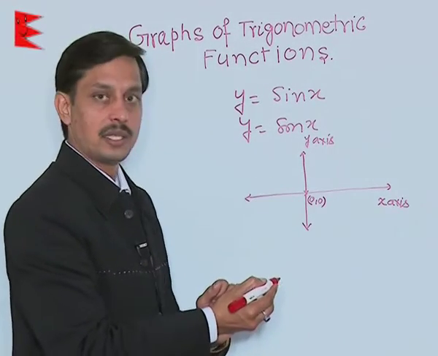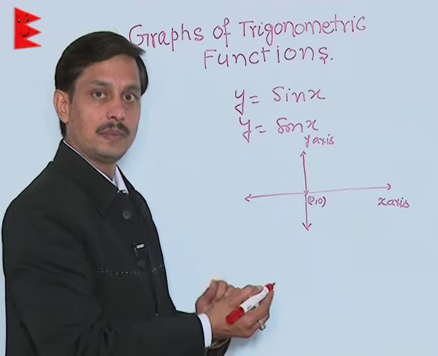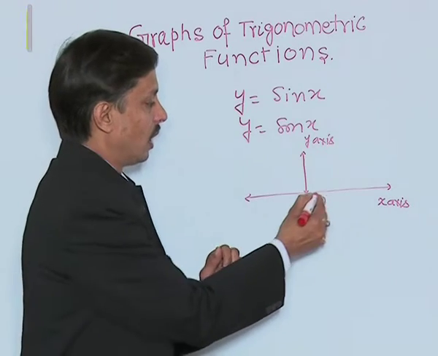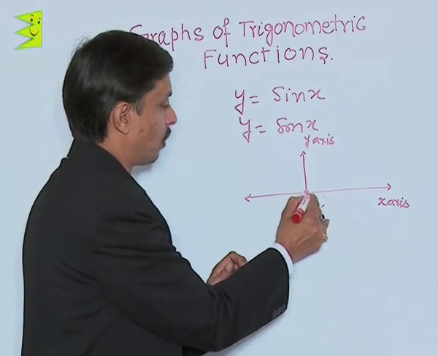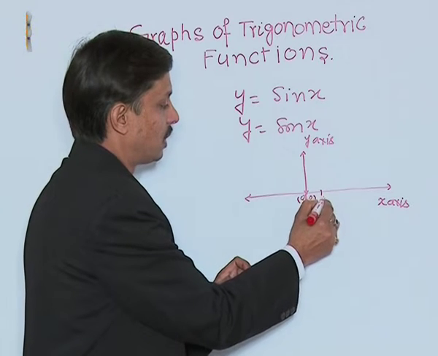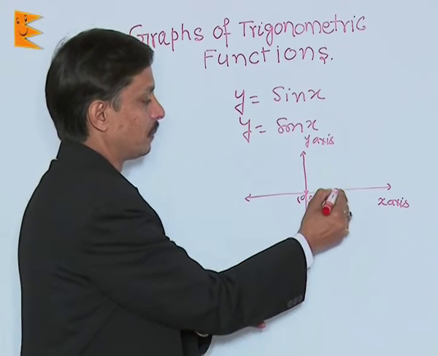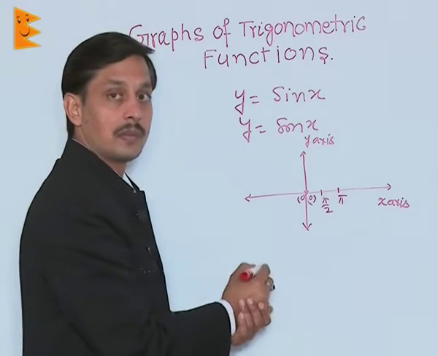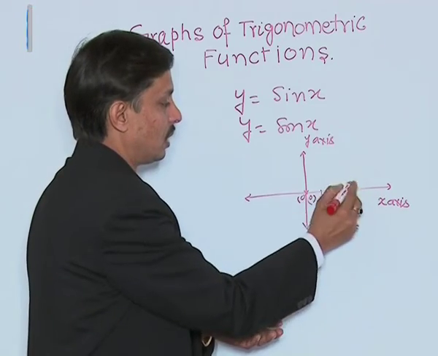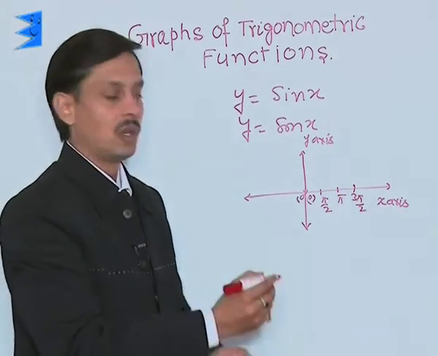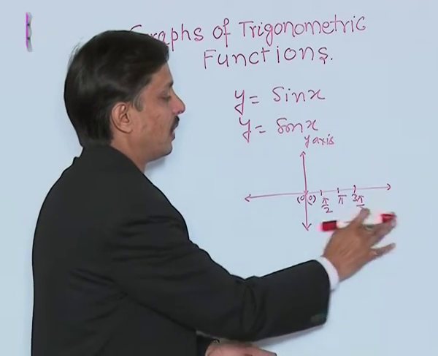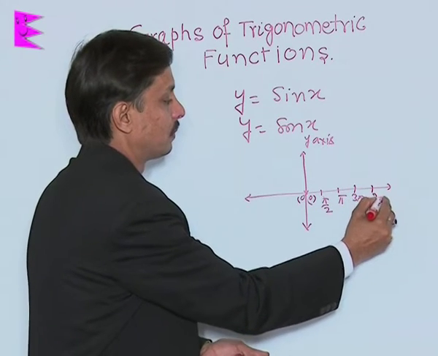Now, if this is the origin 0, 0, suppose I put 0, 0 here, and this angle is pi by 2, that is 90 degrees, this is 180, that is pi, this is 3 pi by 2. I am taking intervals of 90, and this is 2 pi.